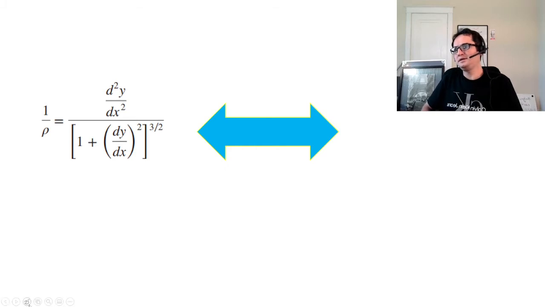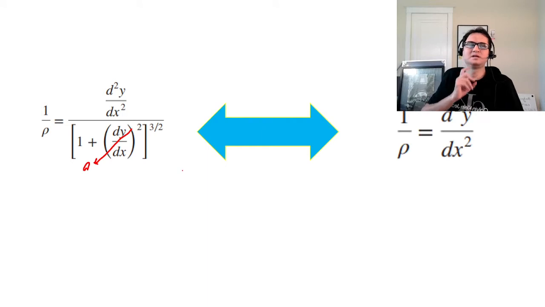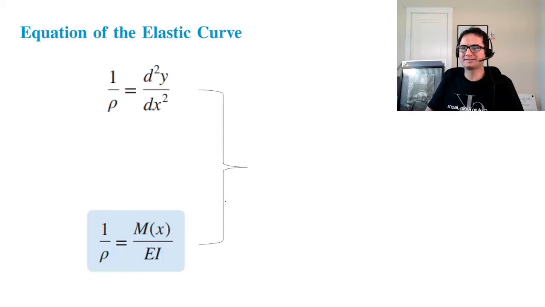We already found that from the curvature equation, when dy/dx goes to 0, it changes to 1/rho equal to d²y/dx², and that's the equation of the elastic curve.